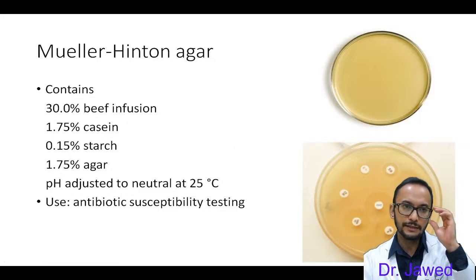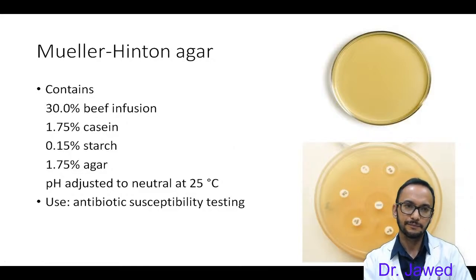Next is the Mueller-Hinton agar, which is used in antibiotic sensitivity testing. It consists of beef infusion, casein, starch, and agar. The pH is adjusted to neutral. This is an uninoculated plate, and this is the plate with antibiotic discs. You can see the antibiotic discs, the growth, and the zone of inhibition.